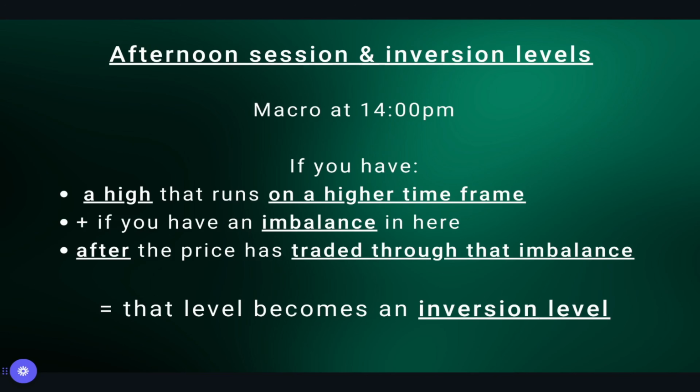Let me repeat it, guys. What are the key elements that we need to have an inversion level? A high that runs on a higher time frame, an imbalance. After the price has traded through that imbalance, we will have an inversion level.